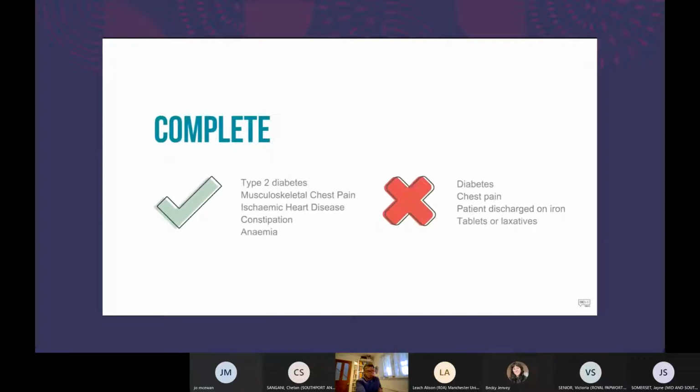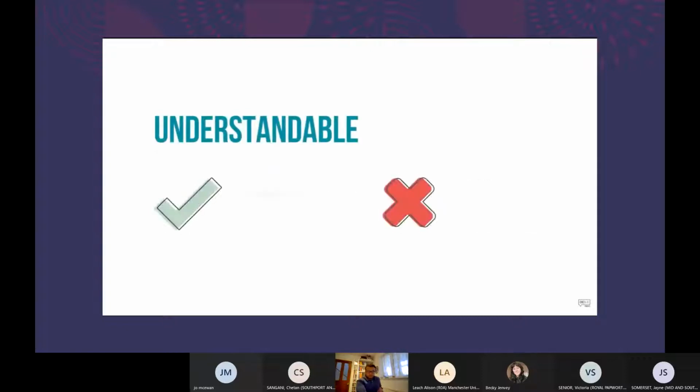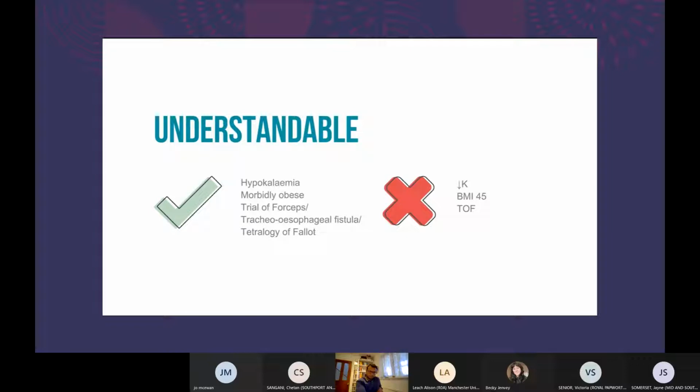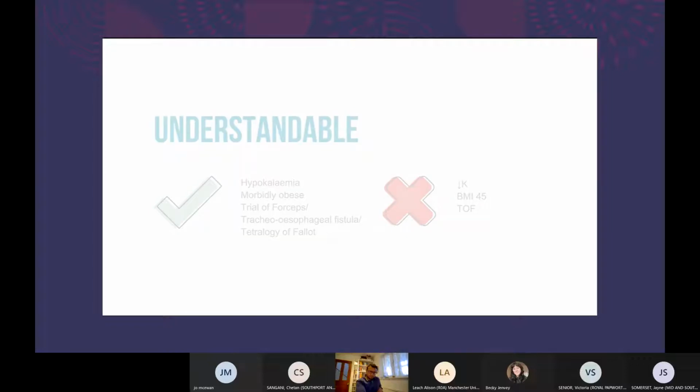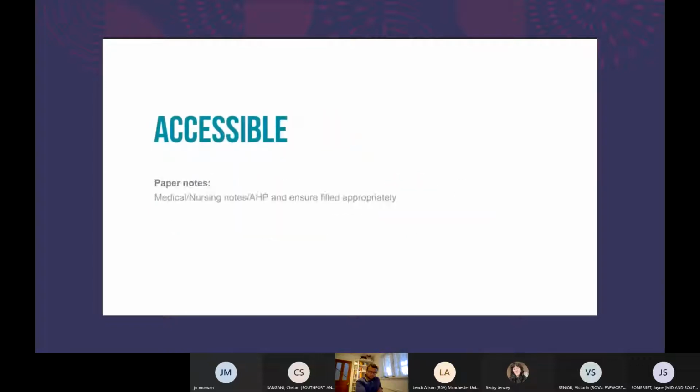Ensure all diagnoses and procedures are recorded in detail. Document all relevant comorbidities. Understandable. Abbreviations and shorthand cannot be coded. Coders are not allowed to interpret investigations or numbers. Accessible. Make sure the coding team know where key information is recorded.